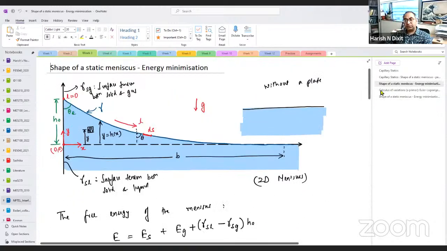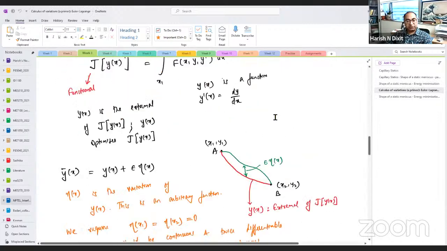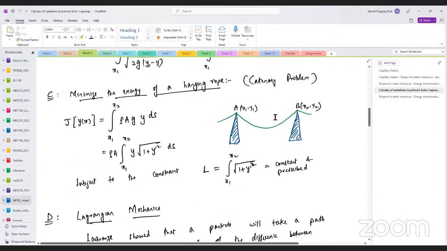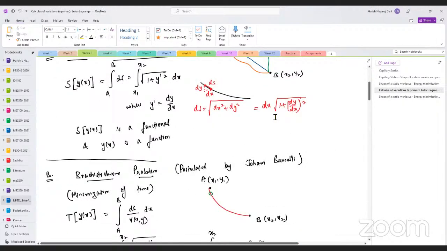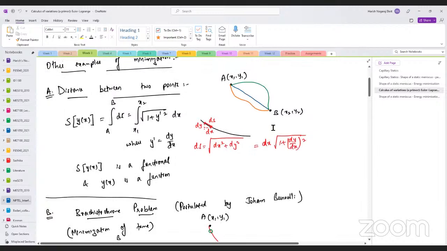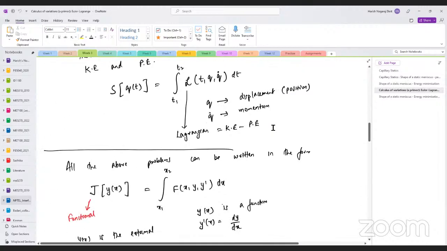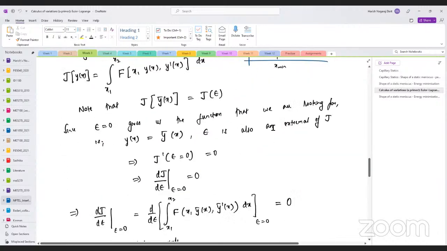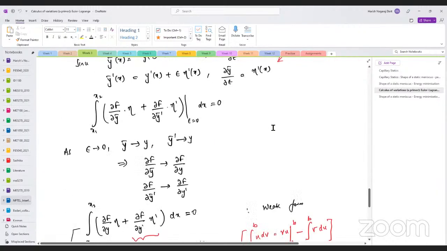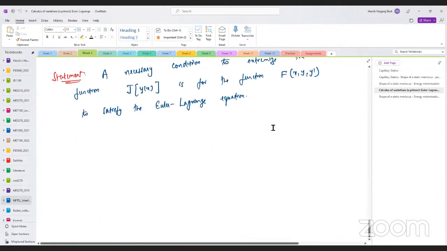No, this is Euler-Lagrange. Yes, sir. Euler-Lagrange. Where you draw this half hemispherical droplet with a perturbation epsilon eta x was written after this picture.